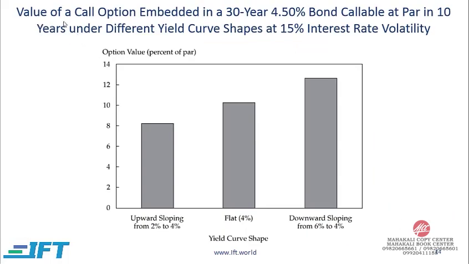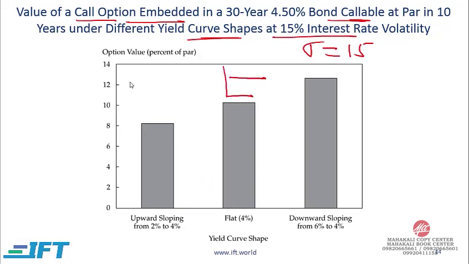Next, we look at the value of a call option embedded in a callable bond under different yield curve shapes, and we are keeping the volatility fixed at 15%. So one scenario is a flat yield curve, another scenario is an upward sloping yield curve, and then the third scenario is a downward sloping yield curve. Recall that a call option is more likely to be exercised when interest rates come down.